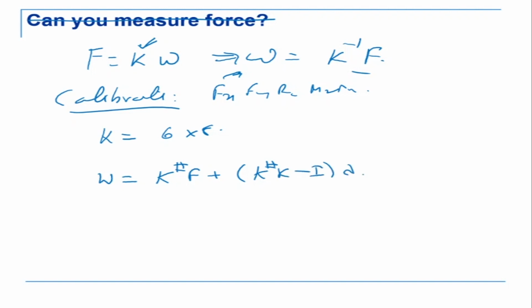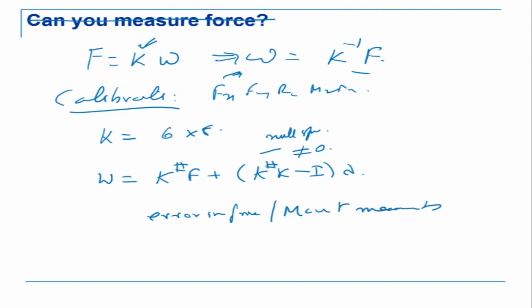This second term is in the null space, and it is not equal to 0. So it means that there is always some error in force moment measurements because of this.